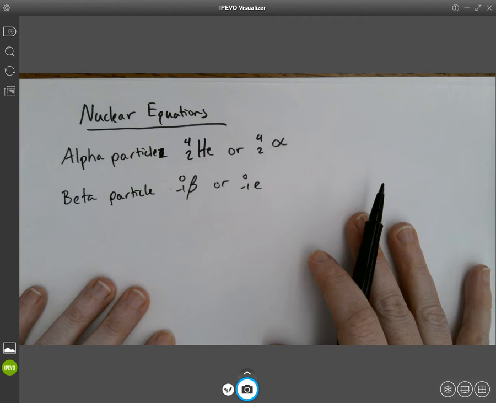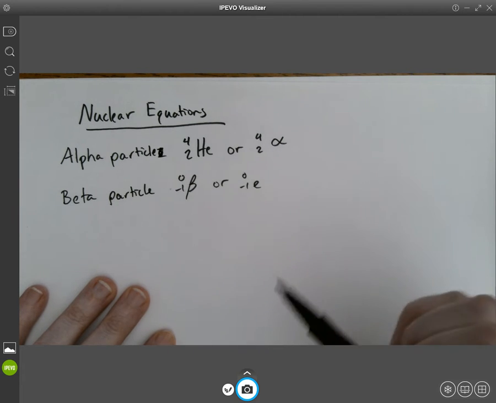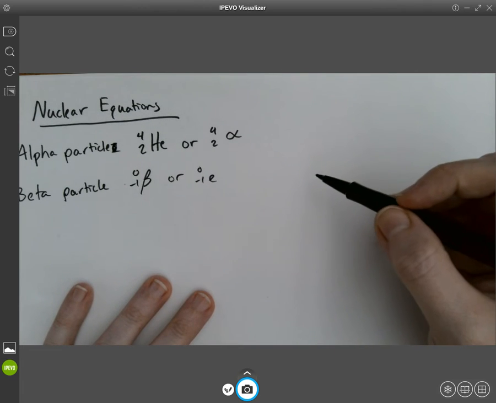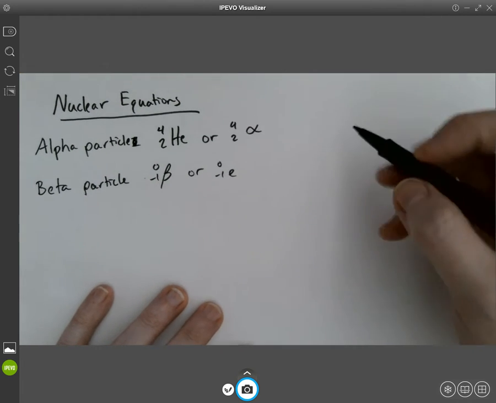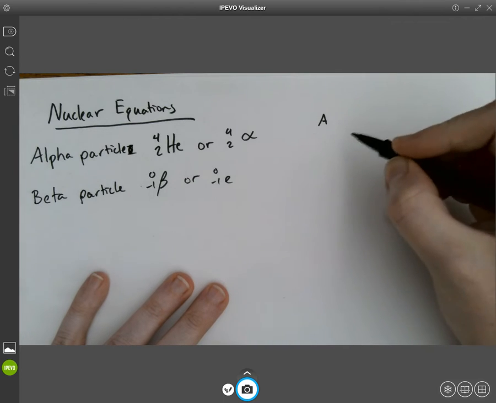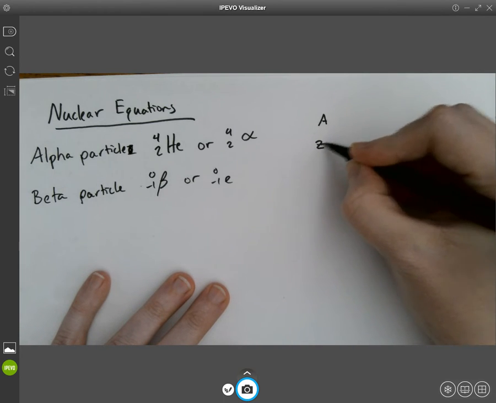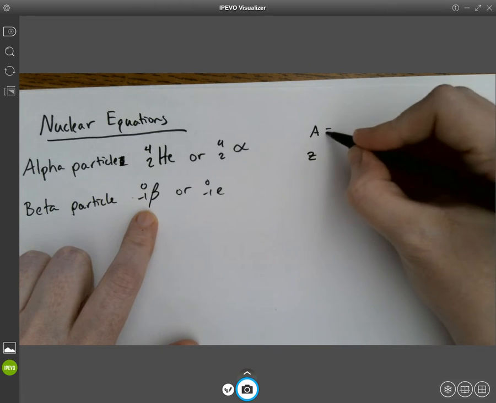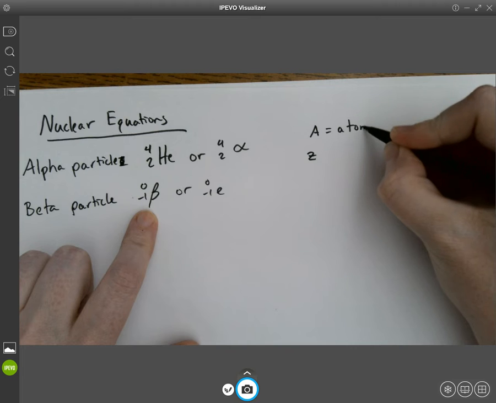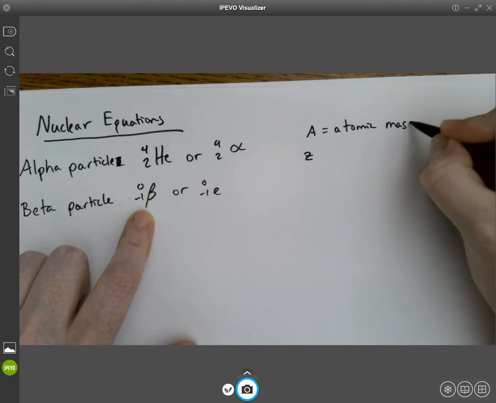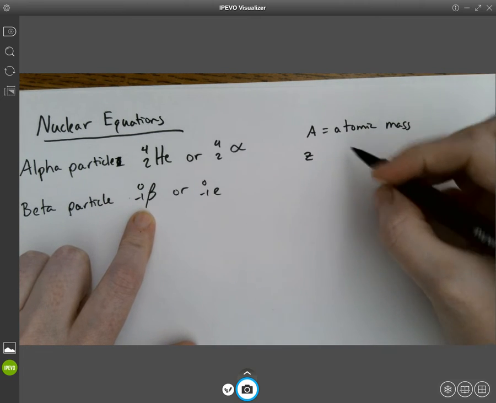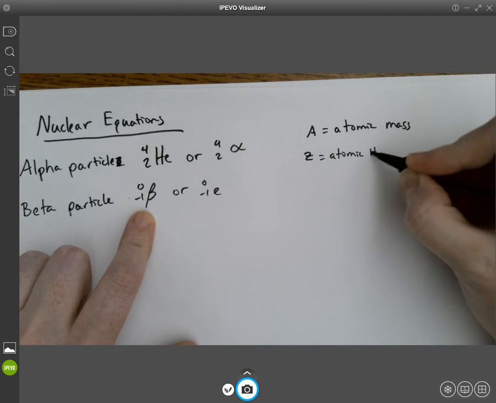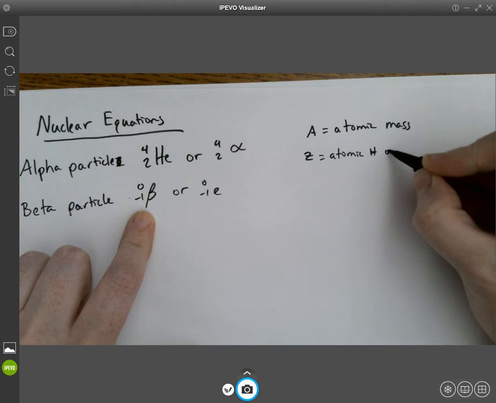All right, so let's look at what these numbers mean here because we might not be familiar with that. So we have A versus Z. A is written as the atomic mass, and Z is written as the atomic number, which also represents the proton number.